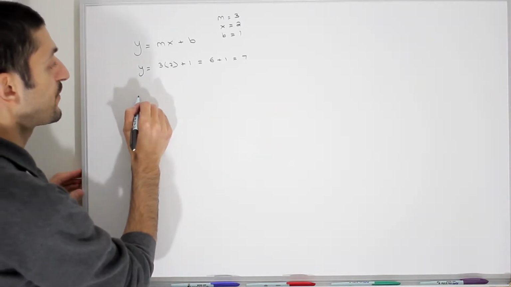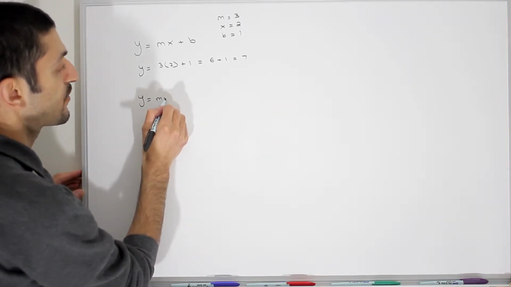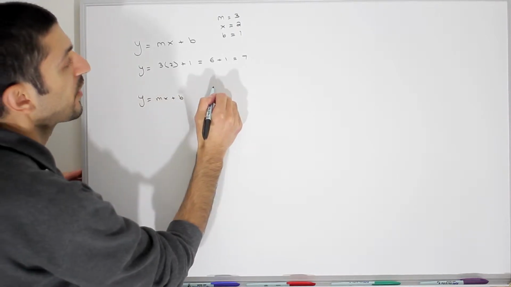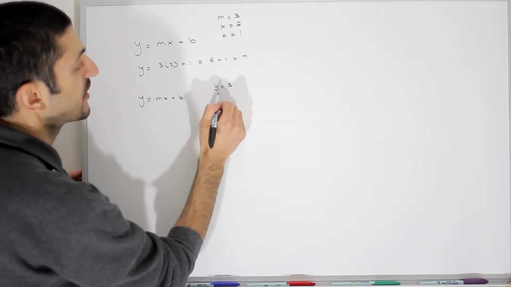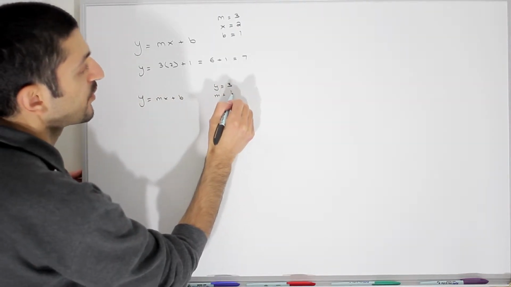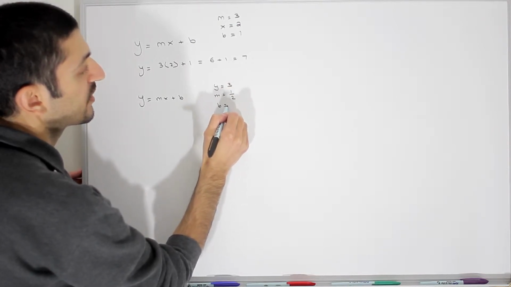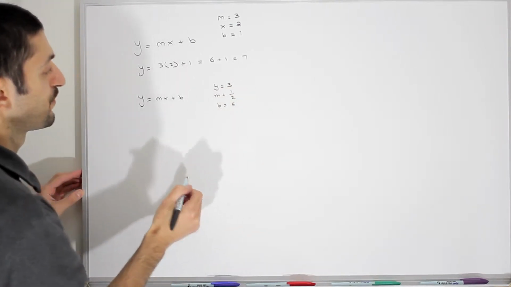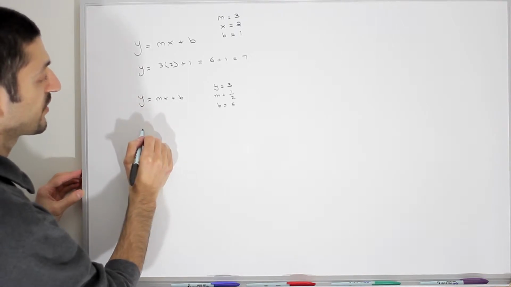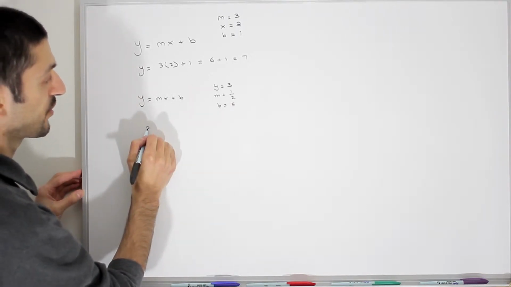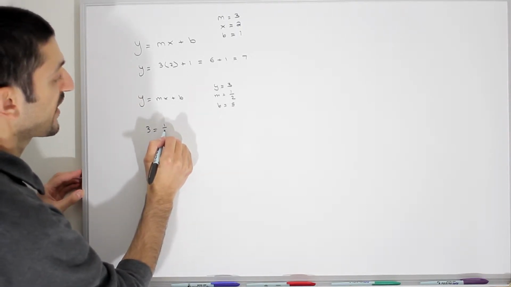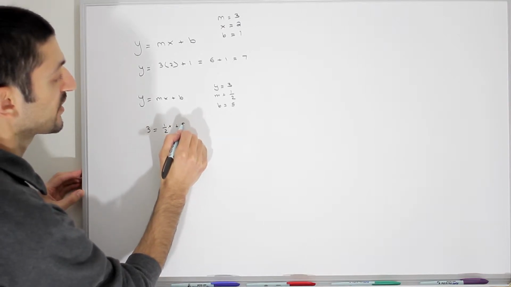We may have y equals mx plus b, where y equals 3, m equals 1/2, and b equals 5. So then we would write the equation, plug these in, and get 3 equals 1/2 x plus 5.